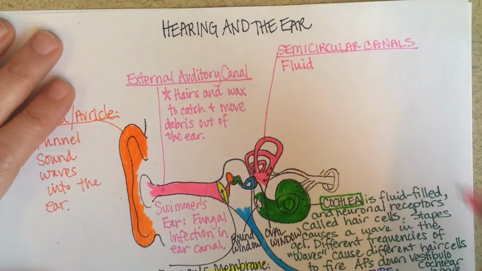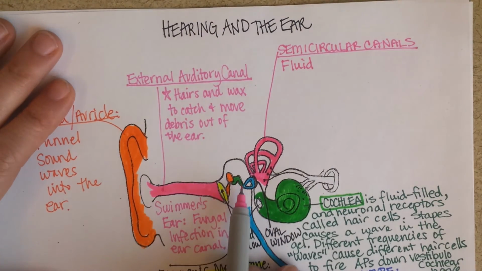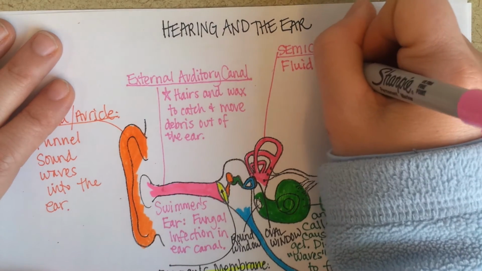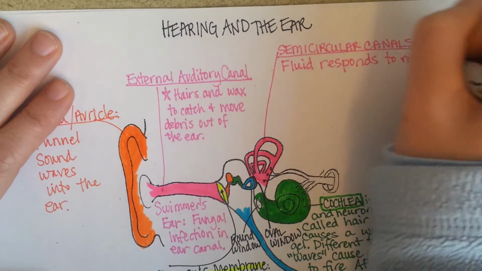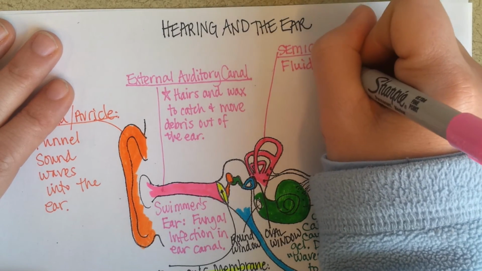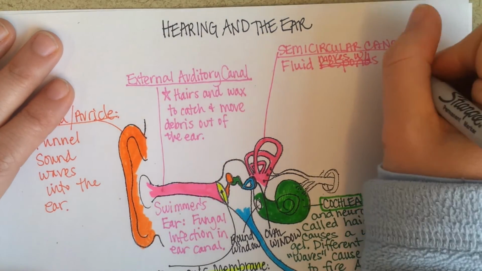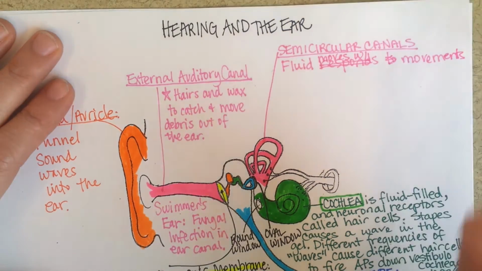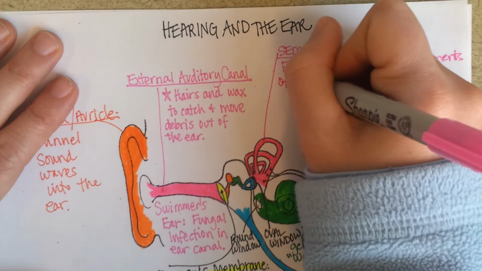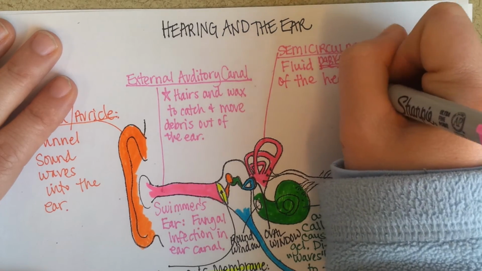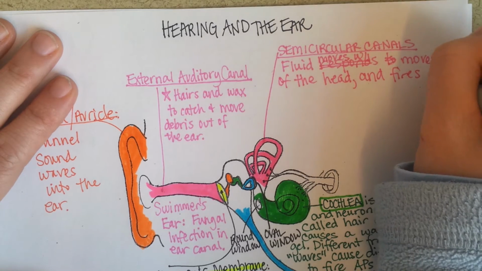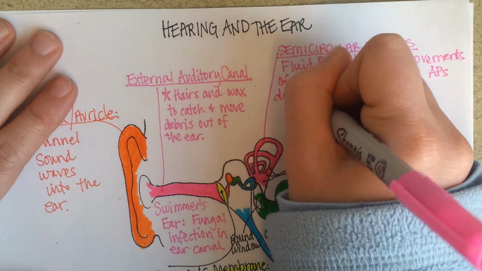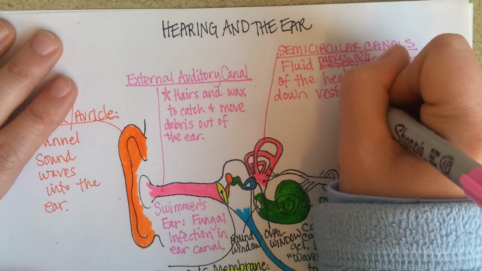The fluid inside of them, though, instead of responding to the waves that are coming in from the stapes, it moves with movements of the head, and fires action potentials down the vestibulocochlear nerve.